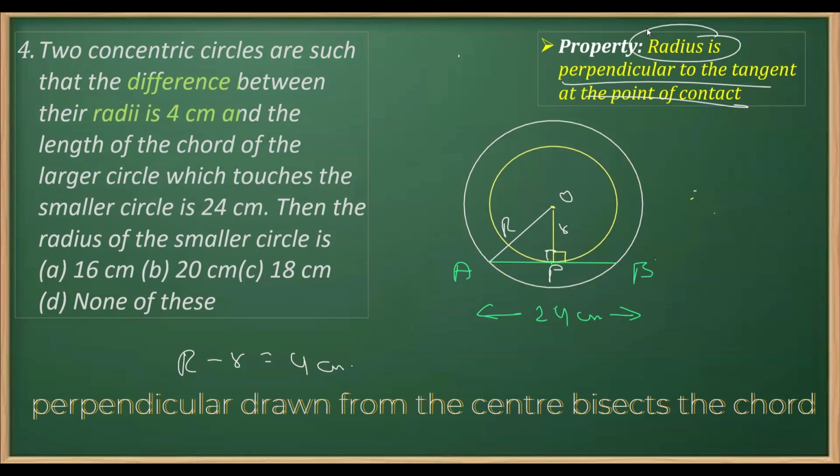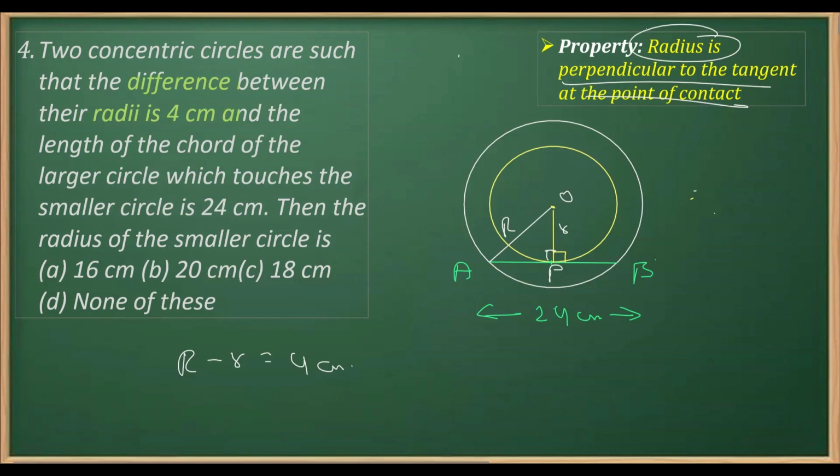The perpendicular drawn from the center bisects the chord, and therefore I can write AP equal to BP, and that should be half of 24, that is 12 centimeter. So here we know this as 12 centimeters.